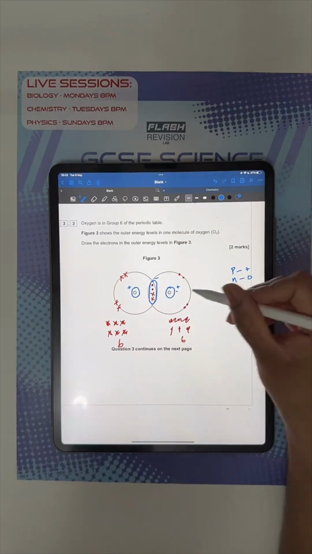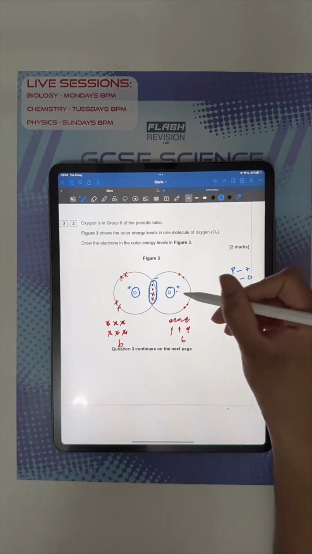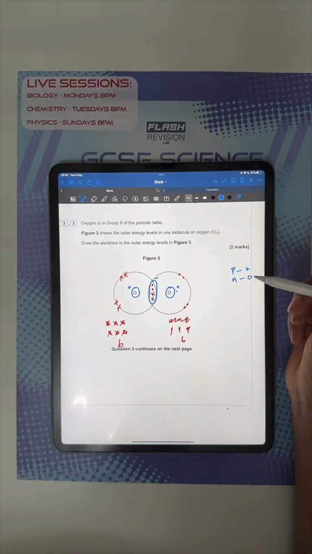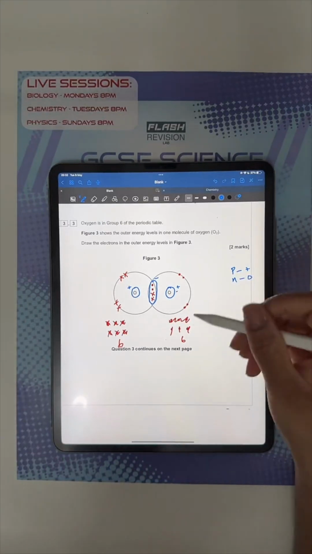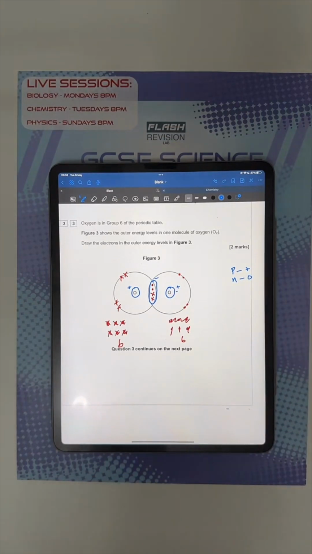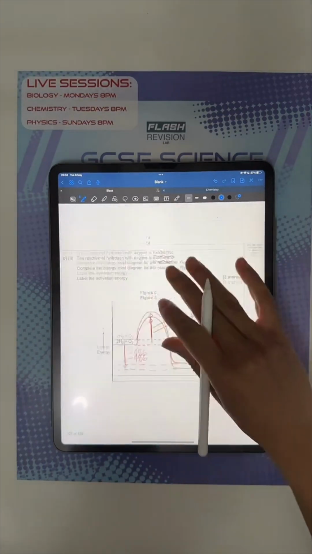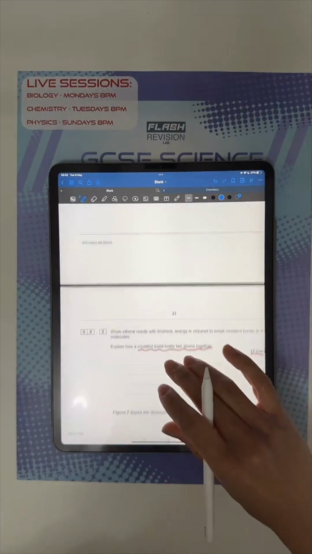If you have a north pole and a south pole, they're attracted. So the positive nucleus is attracted to the shared pair of electrons in the middle. And we call that electrostatic forces. Whenever you have something positive attracted to something negative, we call that electrostatic attraction. Okay, so that would be the answer to that.